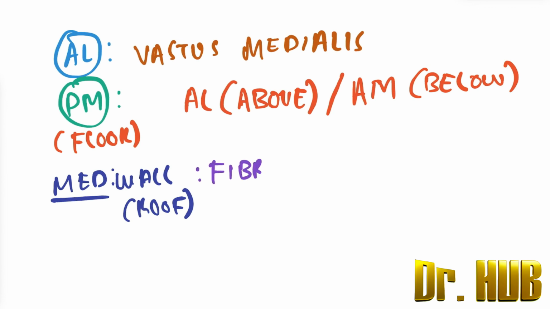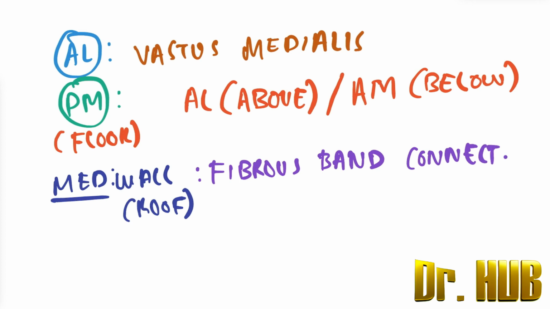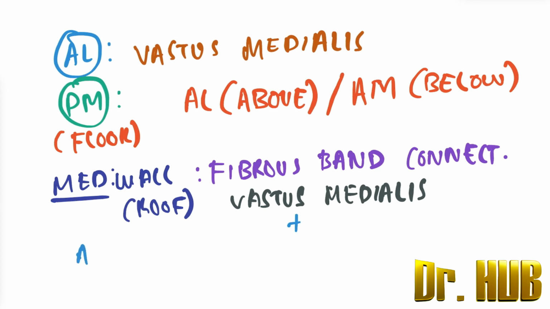So this fibrous band connects the vastus medialis, and the connection is with the adductor longus, and that is the subsartorial fascia.